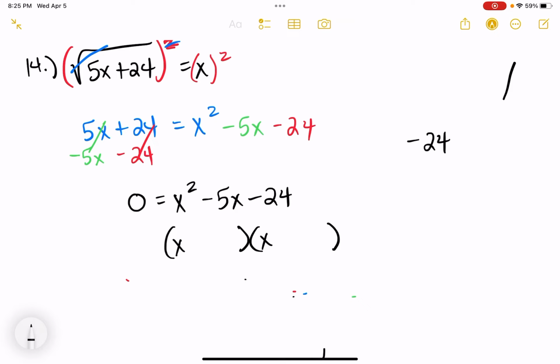Okay, so you're looking for 2 numbers that multiply to make negative 24. Okay, so there's a lot of numbers that do that. There's 1 and 24, 2 and 12, 3 and 8, and 4 and 6. Okay, to make it negative, one of those numbers would have to be a negative.